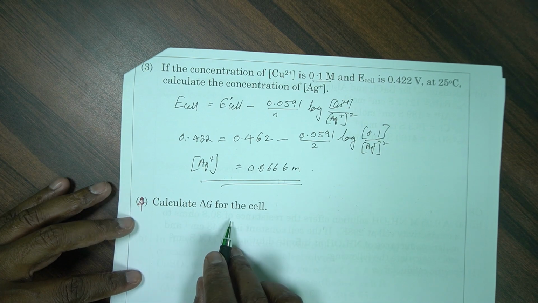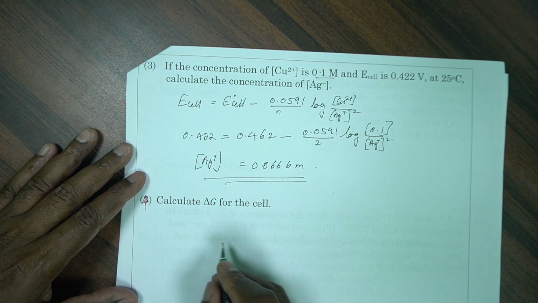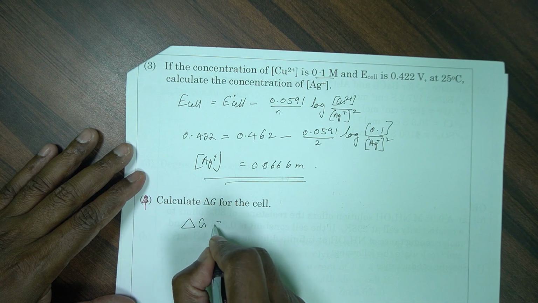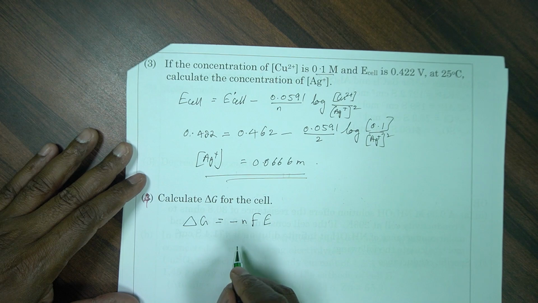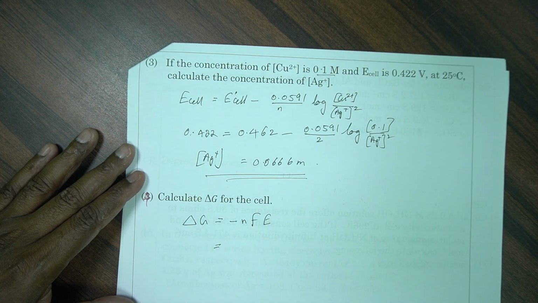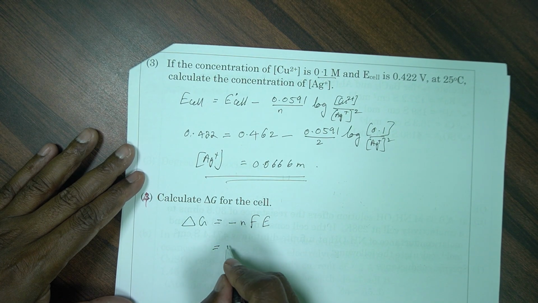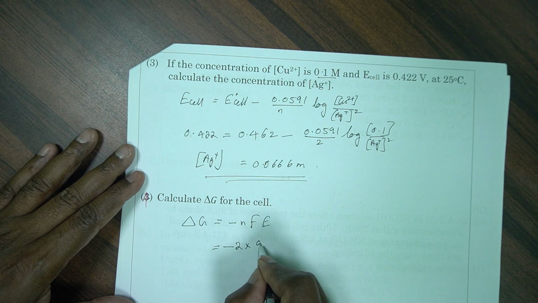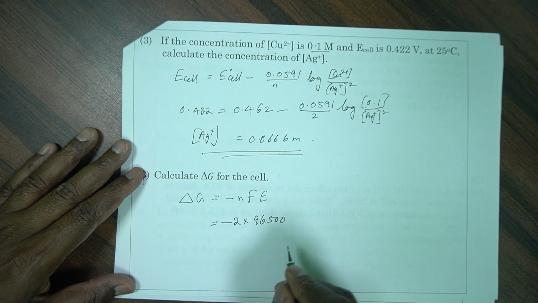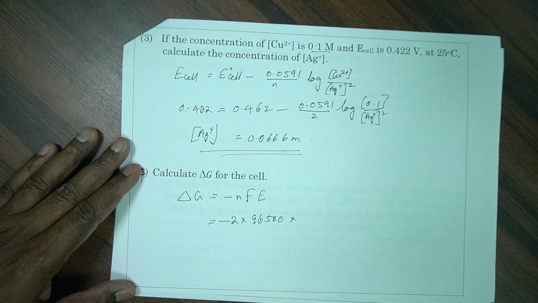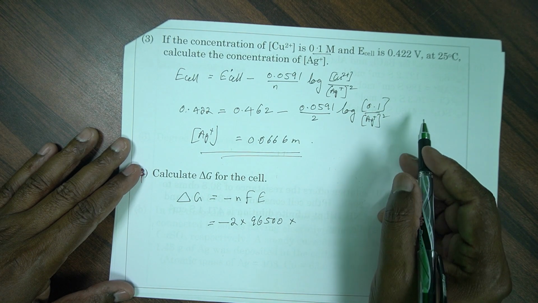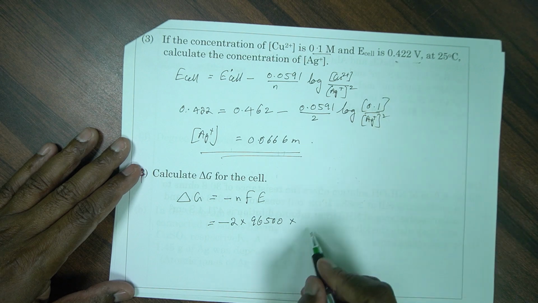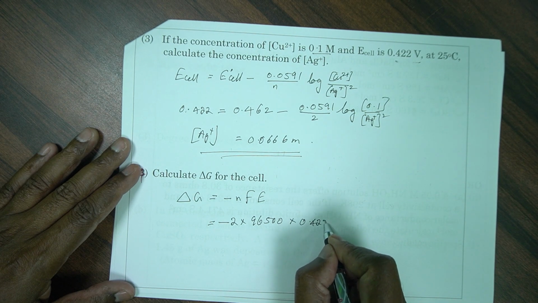Then calculate delta G for the cell. Delta G is equal to minus nFE. That's equal to minus, n is 2 here, minus 2 into F, Faraday, 96500, into the value of E we calculated. E is given here as 0.422.